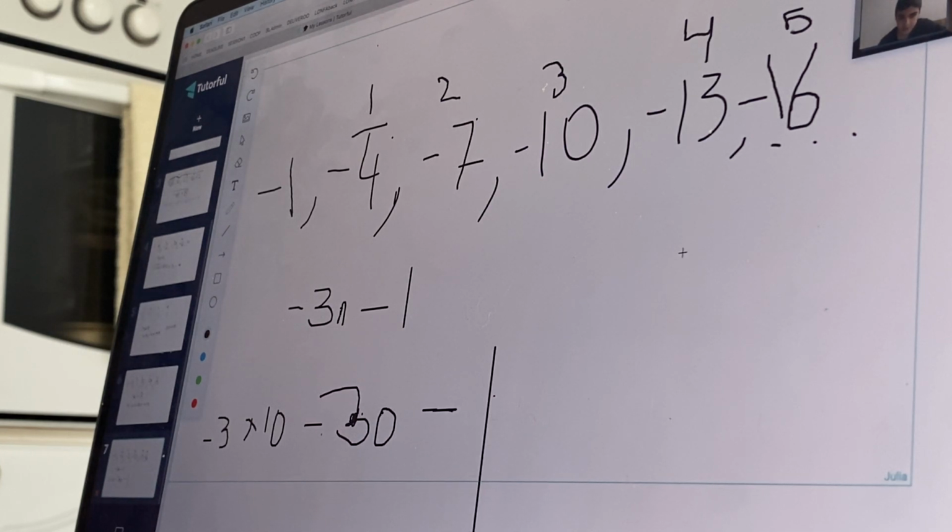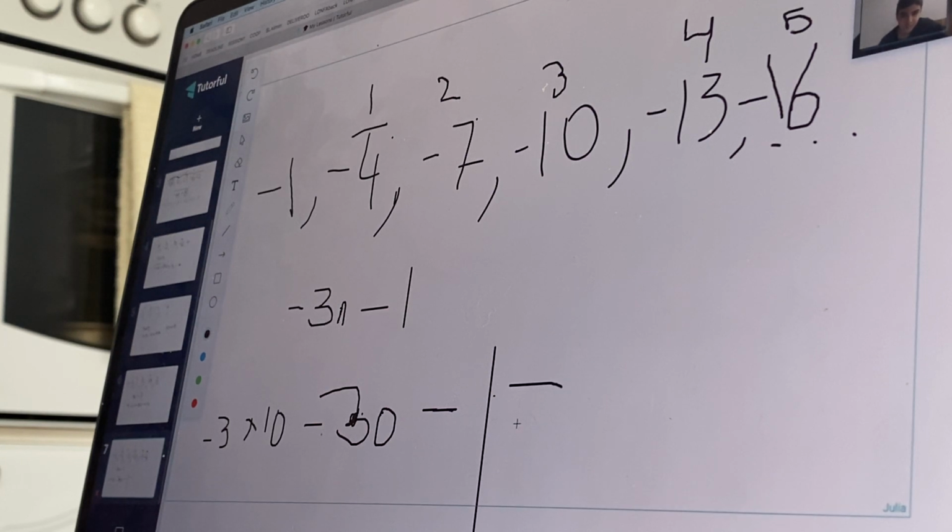And what does that give us? It's going to be negative 31. Negative 31, exactly right. Okay. Awesome, well done. So that's the 10th term. Negative 31 is going to be the 10th term.